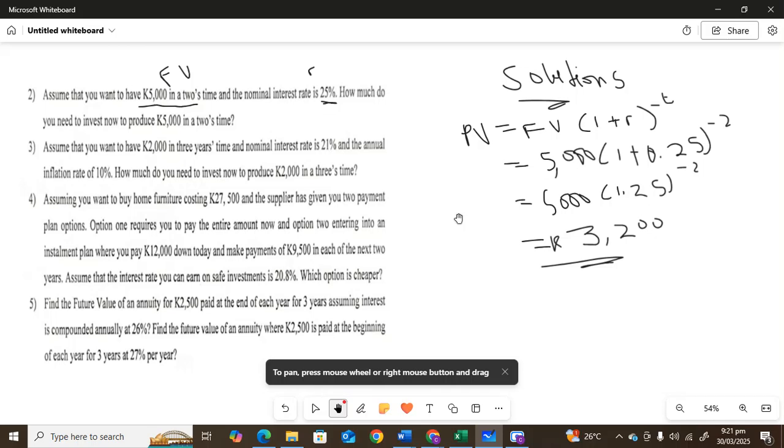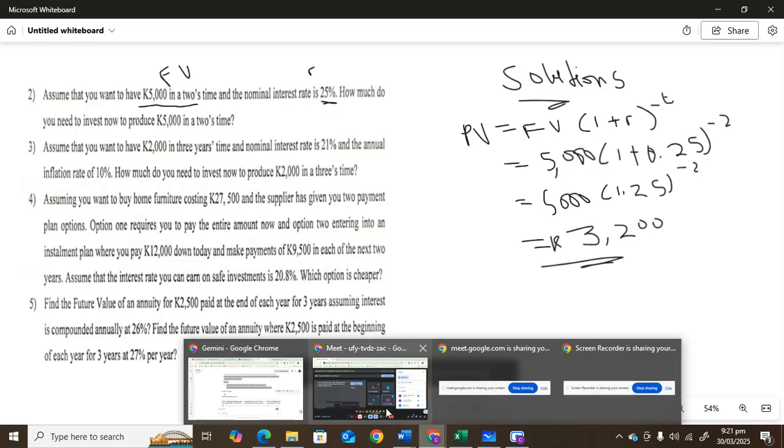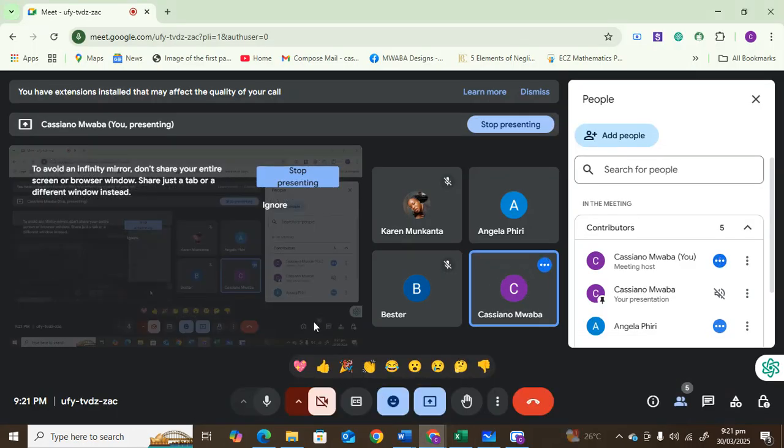Remember, inflation not only erodes the purchasing power of money, but it also lowers the interest that you'll be receiving. So when you take into account inflation, the interest that you're going to be getting is going to actually reduce.